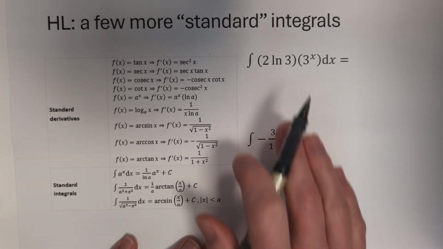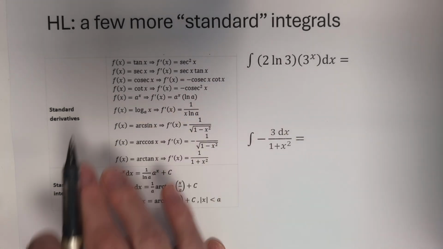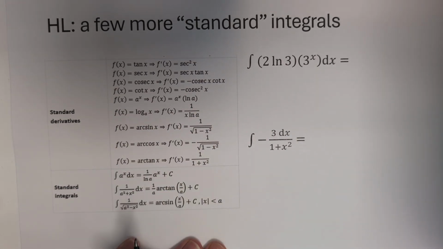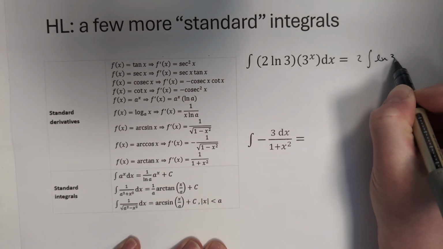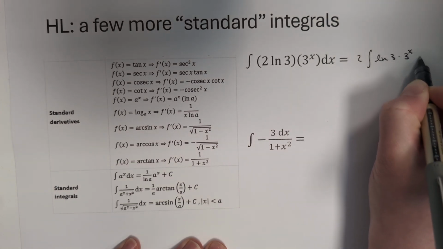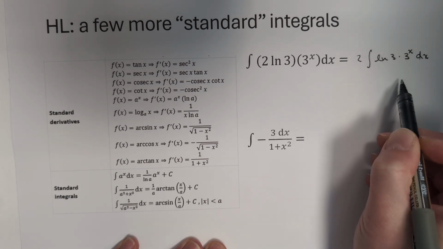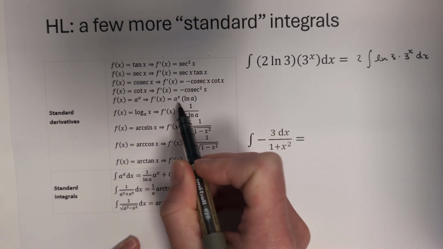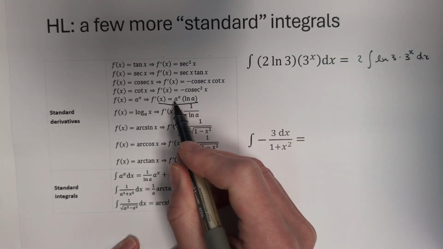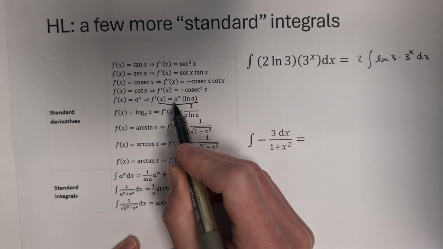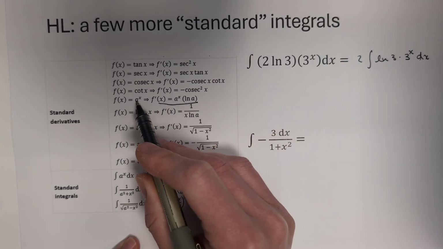We're going to use some of this information to find some kind of crazier integrals. Here are just a few examples using the higher level integrals that we have here. You could rewrite this as 2 over ln of 3 times 3 to the x dx. You don't have to, but it may be easier to then see what this might be. If I were to undo that, the antiderivative of ln of 3 times 3 to the x gives us 3 to the x.